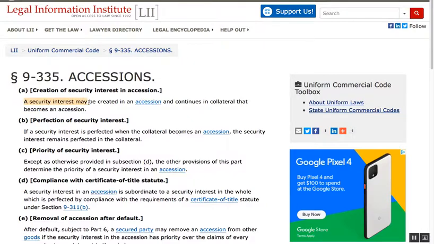335(a): A security interest may be created in an accession and continues in collateral that becomes an accession. Okay, that's a preliminary rule. Now, what does this mean?